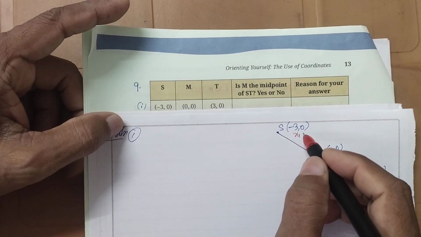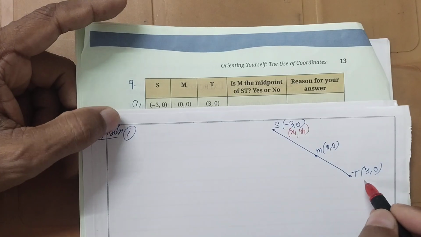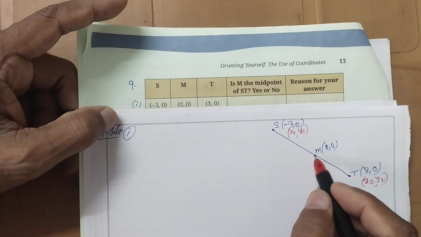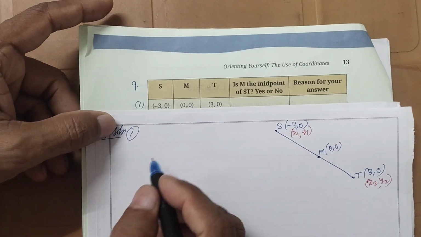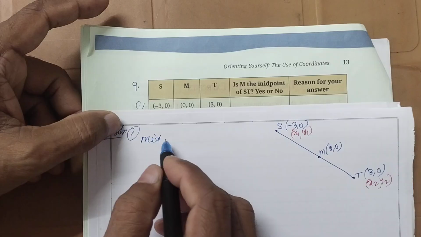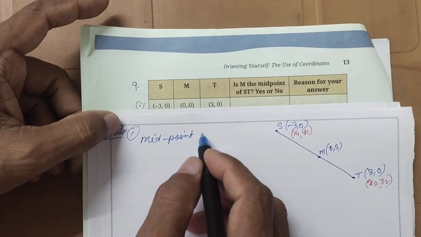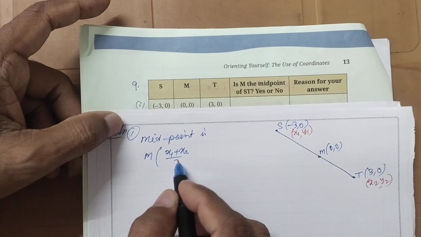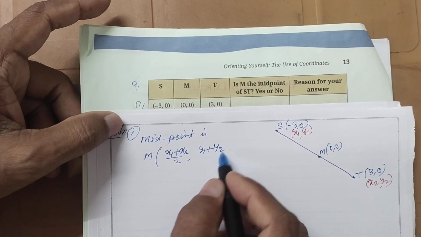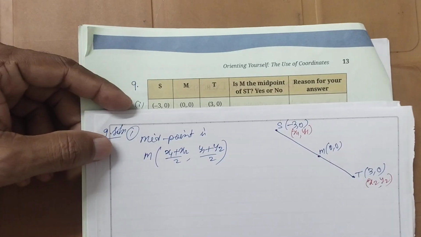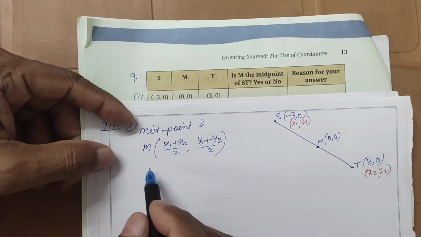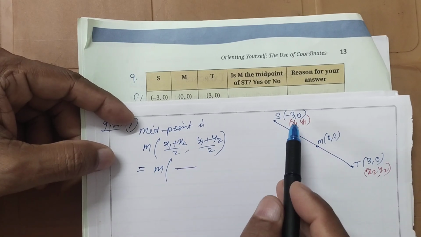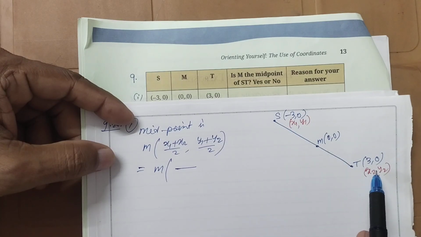One end will be represented by x1, y1, and the other end by x2, y2, and the midpoint formula is (x1 plus x2) by 2, (y1 plus y2) by 2. We have discussed the formula in the previous video. This is the formula to find the midpoint.